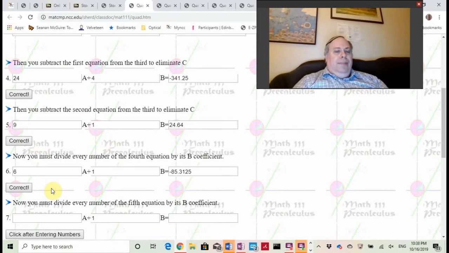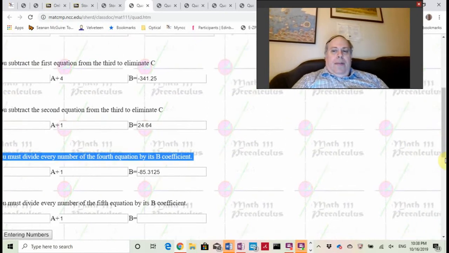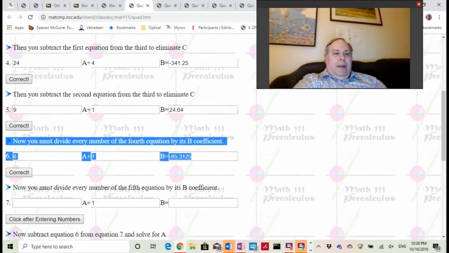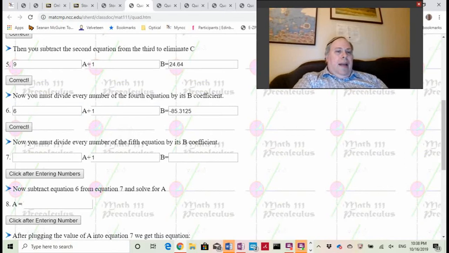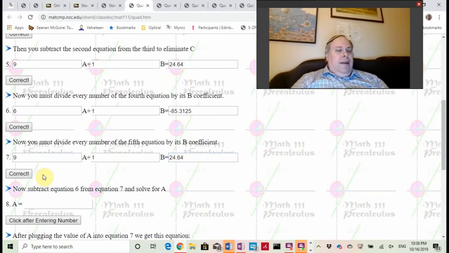It's correct. Now I've got to divide everything by 1. That's fairly easy: 9 by 1 is 9, and 24.64 by 1 is 24.64. That's correct. Now I've got to subtract these equations.